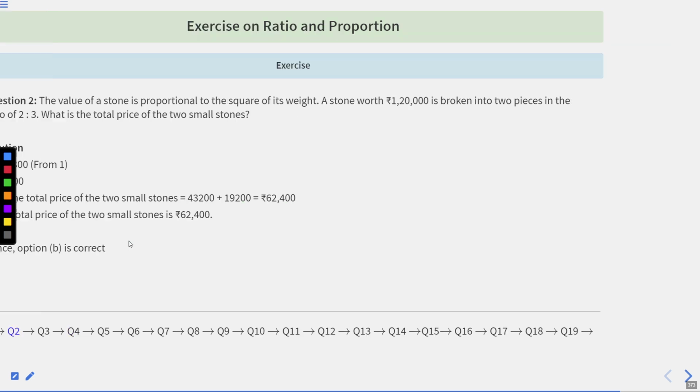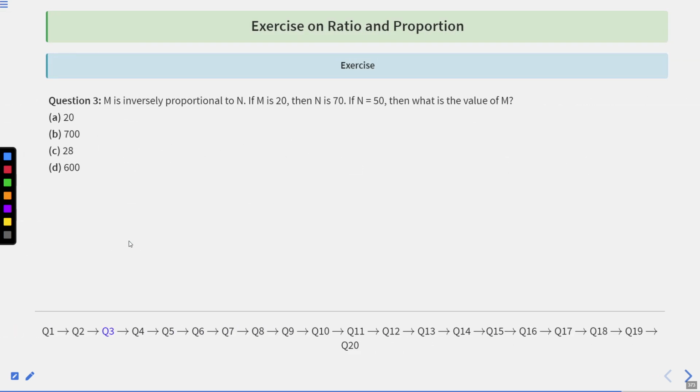Question number 3. m is inversely proportional to n. If m is 20, then n is 70. If n is 50, then what is the value of m?